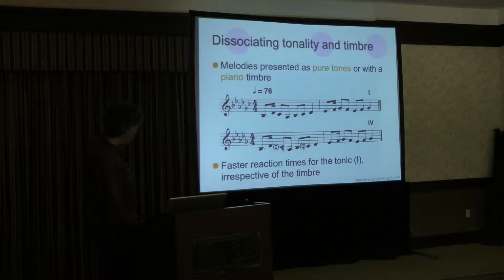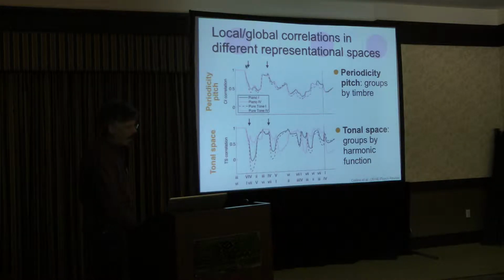And the point here is that you get different keys just based on changes of two pitches in the melody. Just two pitches will shift your interpretation of what key you're in. And so what we can do is now plot the correlation between your momentary estimate and the global image for the periodicity pitch representation.